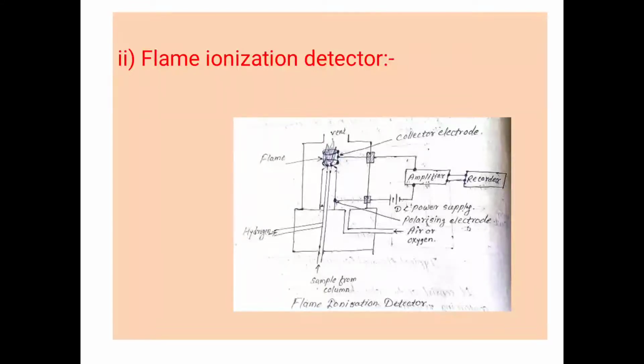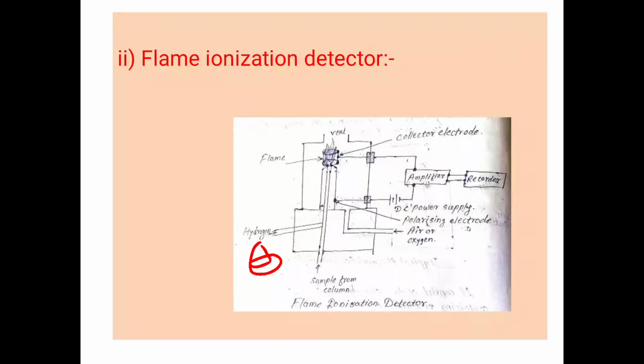So hydrogen is added with the capillary jet. With the capillary jet here, hydrogen is added, and if it was not used as a carrier gas, then we add hydrogen. The mixture is burnt in air or oxygen in the detector.